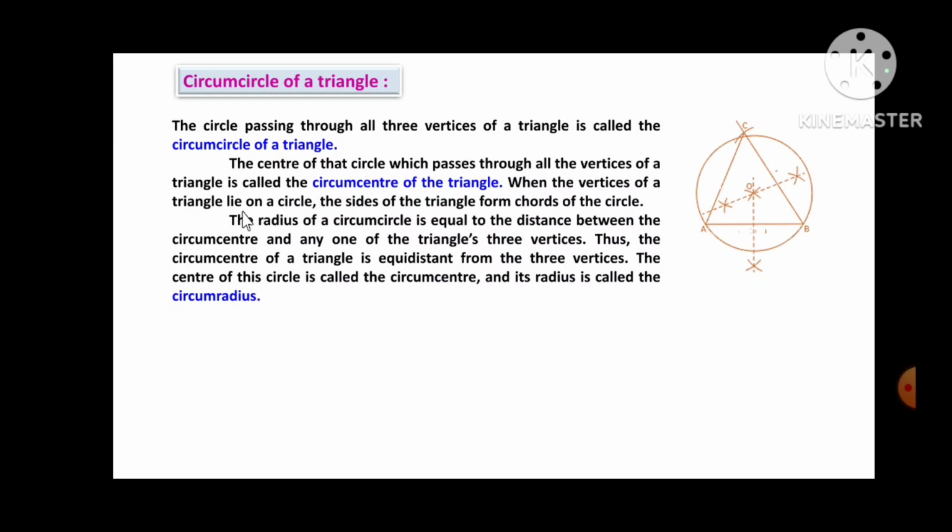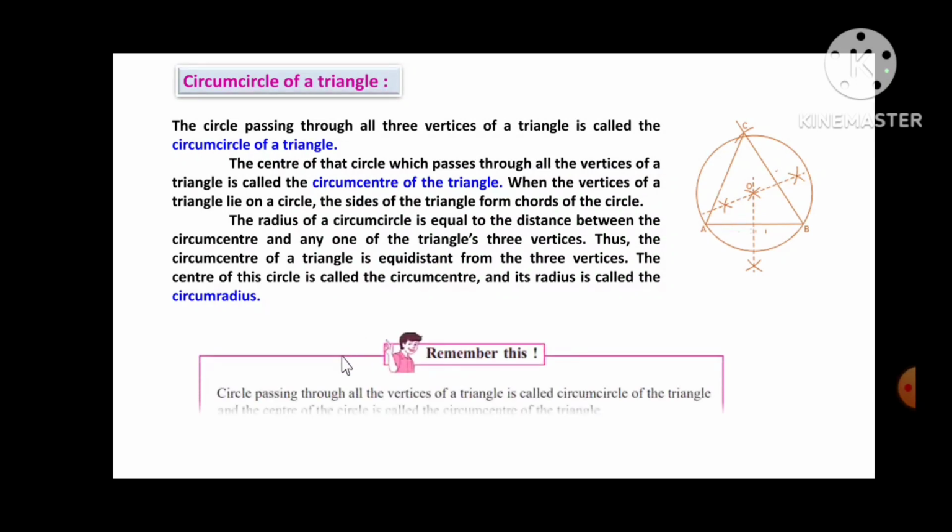When the vertices of a triangle lie on the circle, the sides of the triangle form chords of the circle. The radius of the circumcircle is equal to the distance between the circumcenter and any one of the triangle's three vertices. Thus, the circumcenter of a triangle is equidistant from the three vertices. The radius is called the circumradius.